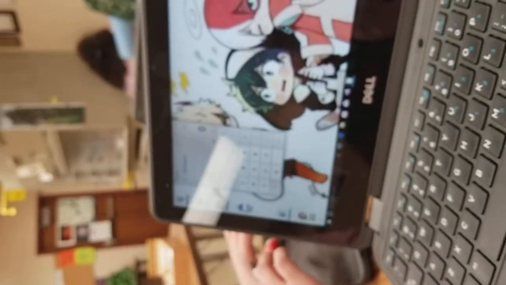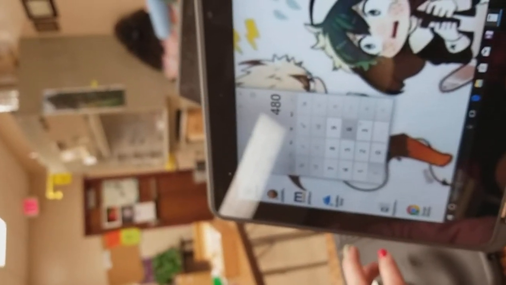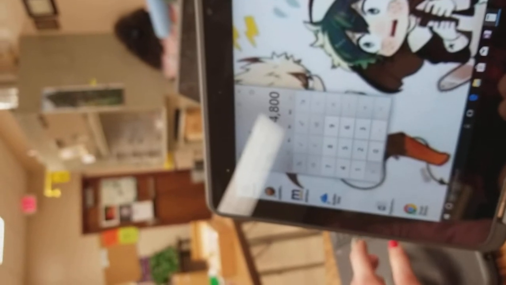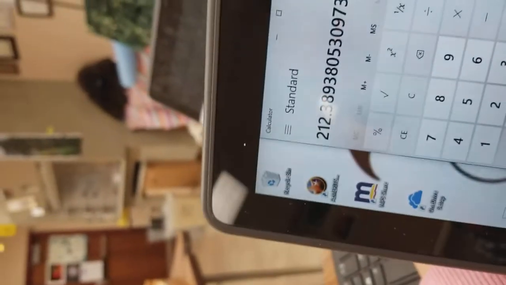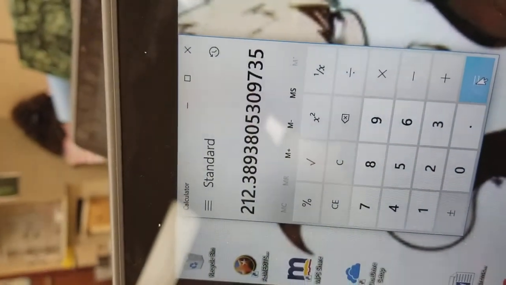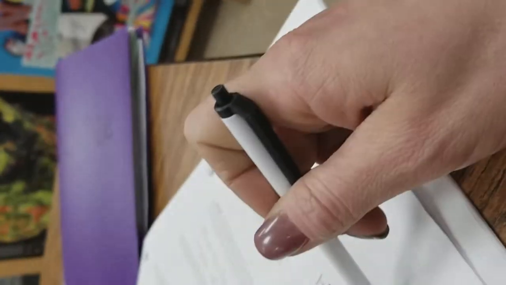And now we're going to do calculator. 4,800 divided by 22.6. That's a long number. So we're just going to take 212.4. My general rule is to never take more decimals in your answer than you had to begin with.